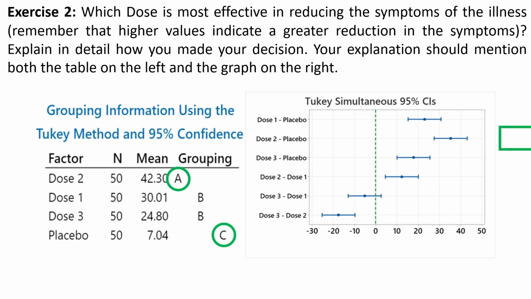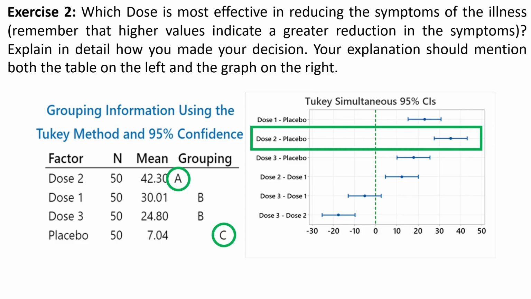In particular, if we look at the intervals that compare dose 2 with the other population means, you can see dose 2, the population mean response for dose 2, compared to placebo. Here we have a confidence interval that is positive, indicating that we can infer that the population mean response for dose 2 is bigger than that for placebo.